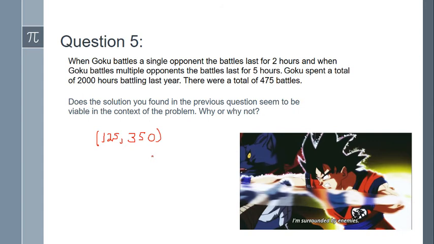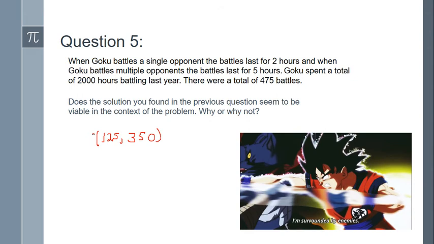Not only because I can check it in my original equations, by substituting in and seeing that I get a true statement, but that I know that the number of battles should be a positive number because I can't have a negative number of battles, right? I don't know what that would mean. So if one of my answers were negative, then I would go, no, it's not viable, right? It's not in the domain, right? That's what we say in math.